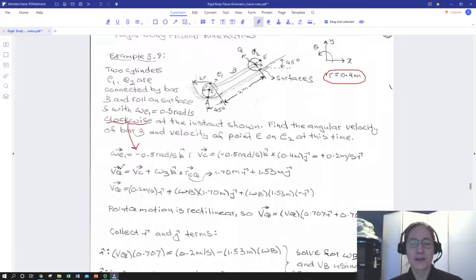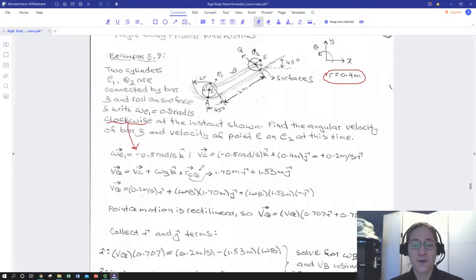Now I'm going to leverage that to get Q, the velocity of the center point of the other cylinder and a second point on bar B. So here's my general expression for velocity of two points on a rigid body. VQ is going to be VC plus the angular velocity of the bar, not one of the cylinders, the bar, k hat crossed into the radius vector from the point I know to the point I don't know.